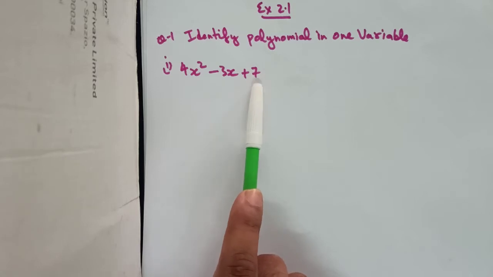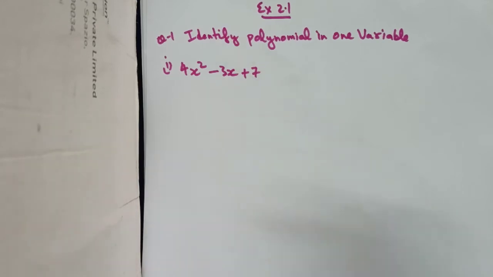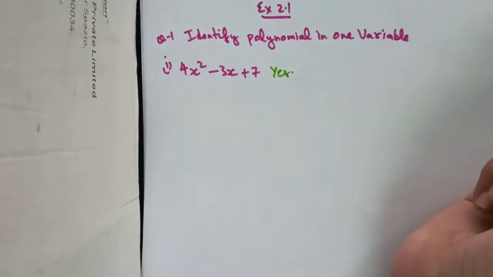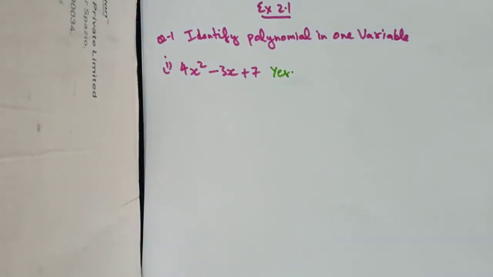Since 7 is a constant polynomial, and a constant polynomial has degree 0, we say that it is a polynomial in one variable, that is, a polynomial in variable x.